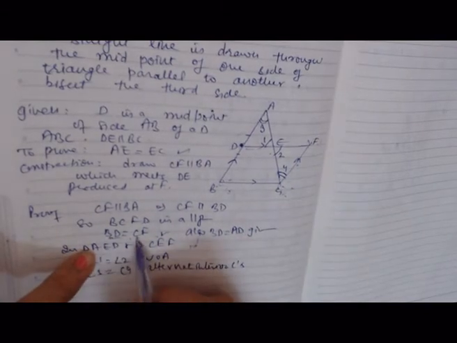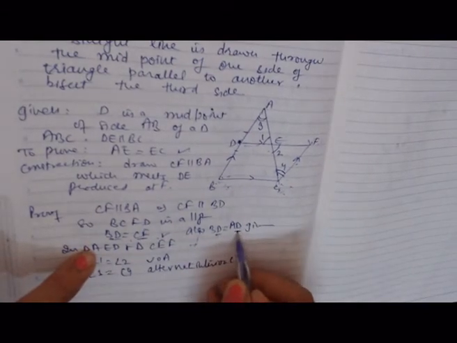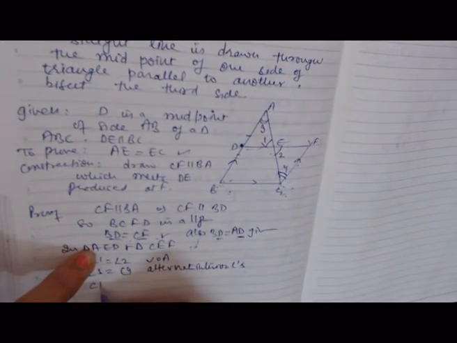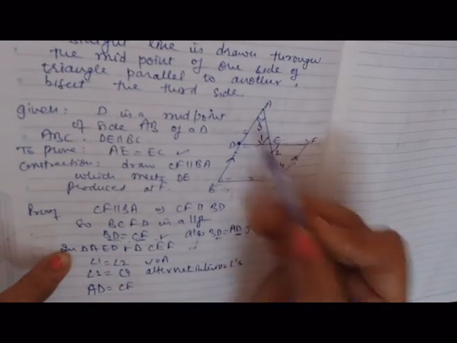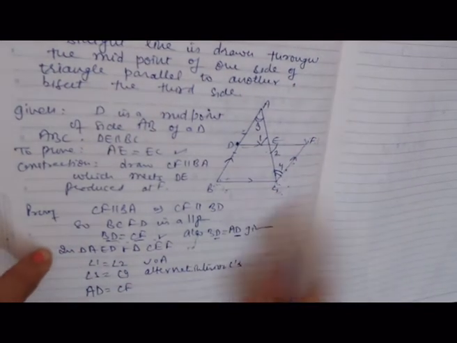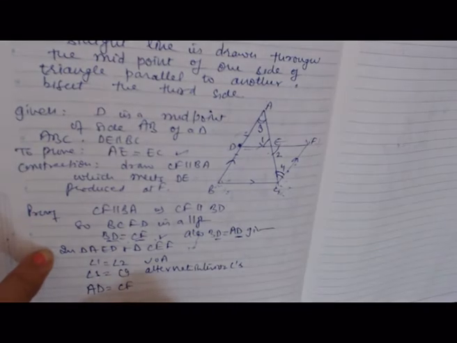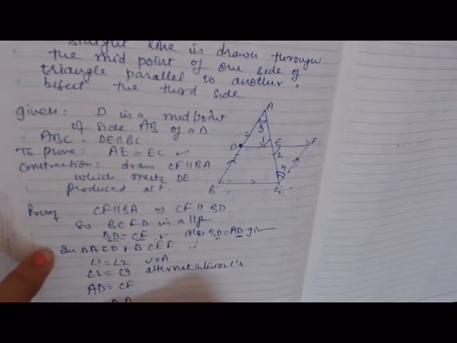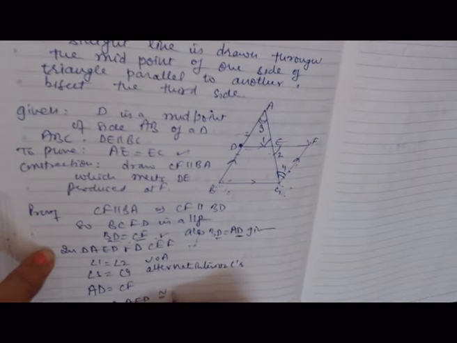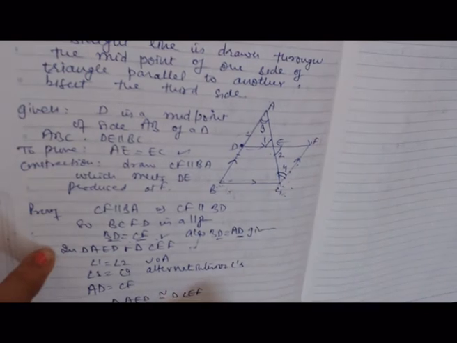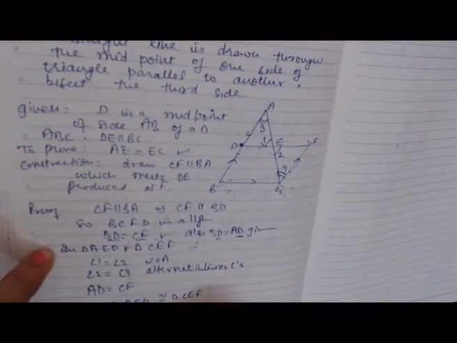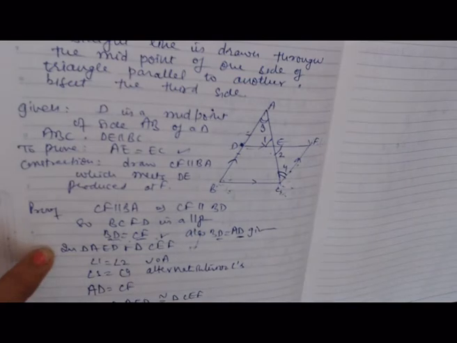So AD is equal to CF. By angle side angle, triangle AED is congruent to triangle CEF. Then we get AE is equal to EC. Hence we find the result.